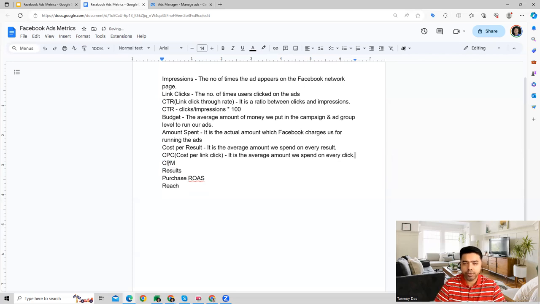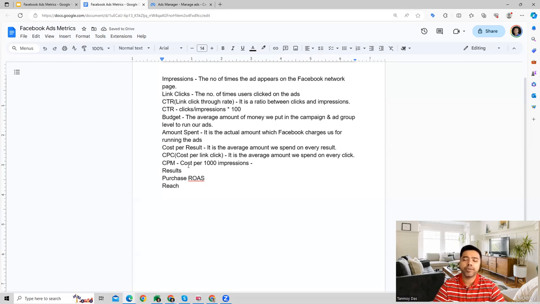In the same manner, another type of metric you will see in the Facebook ads campaign is CPM, which is cost per 1,000 impressions. This is the cost which we are willing to pay for showing our ads every 1,000 times.